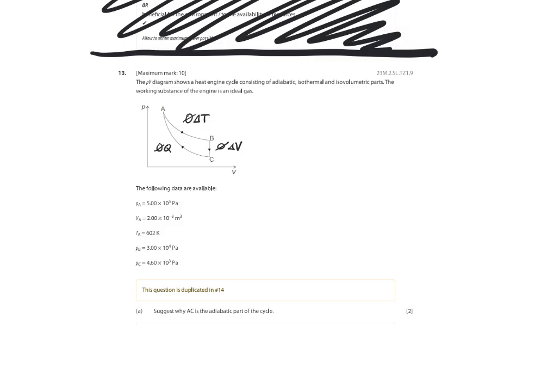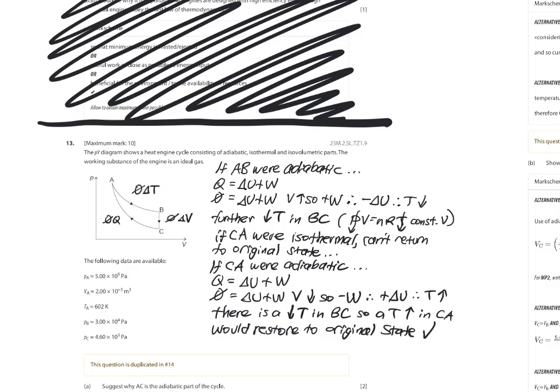So let's see. Why is AC the adiabatic part of the cycle? Interesting question. Well, it's not going to be BC because BC is the isovolumetric, for obvious reasons. But I have two curves, AB and AC, or CA. I happen to know that adiabatic curves are steeper anyway. I don't know if you could use that as an answer, but there are two possibilities.